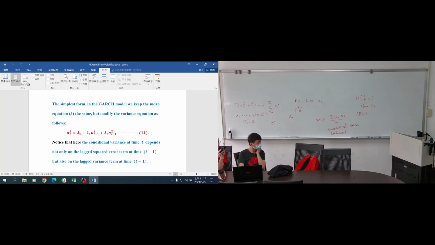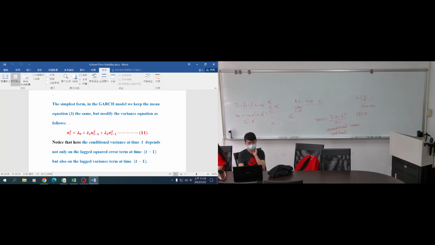Equation number 10 is just up to here. But now we're adding one more term. If we consider the previous sigma squared, this is the conditional variance.